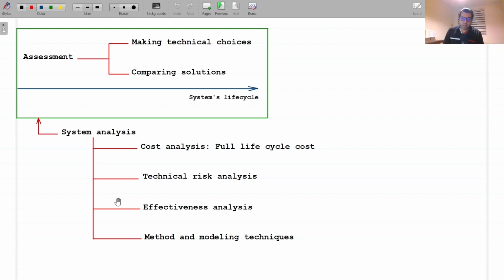One of the challenges of effectiveness analysis is to prioritize and select the right set of effectiveness objectives and criteria. For example, if the product is made for a single use, the maintainability and capability of evolution will not be relevant criteria. Various types of models and modeling techniques can be used in the context of system analysis.